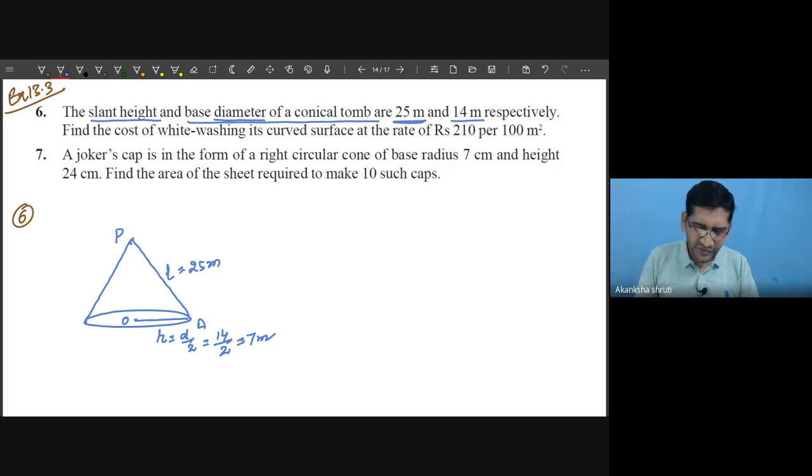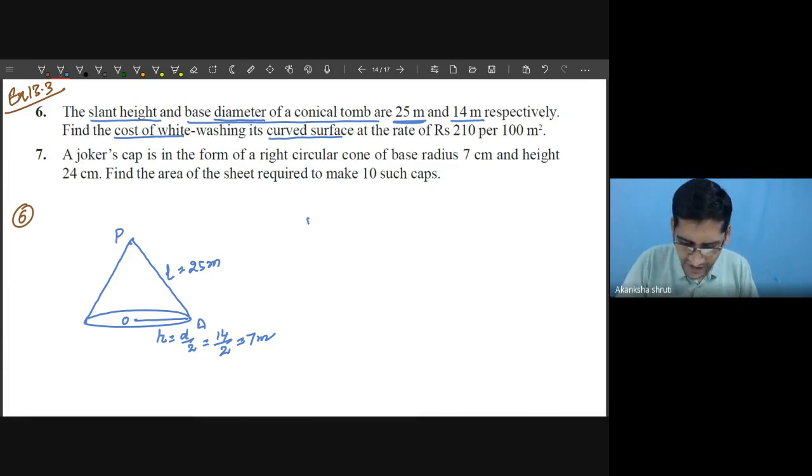Students, we need to calculate the total cost. Find the cost of whitewashing of the curved surface. It is given that only the curved surface you have to take, not the circular base. That area is not required because it is asking for CSA.